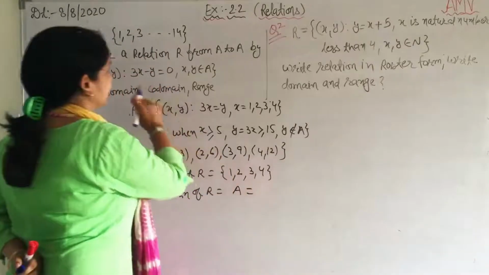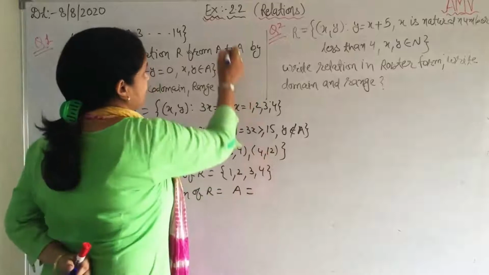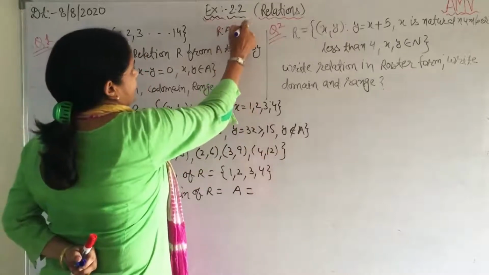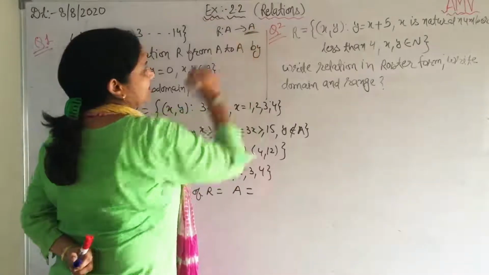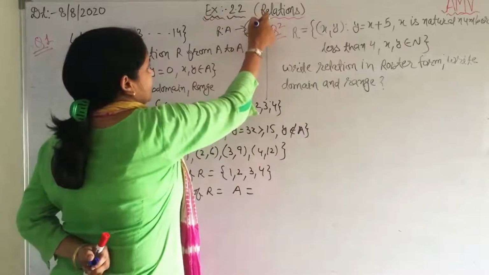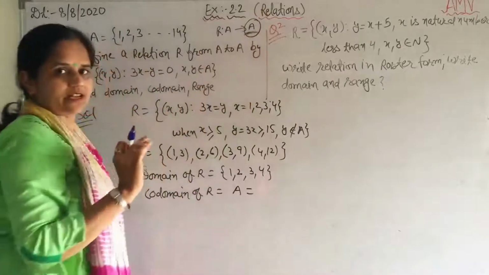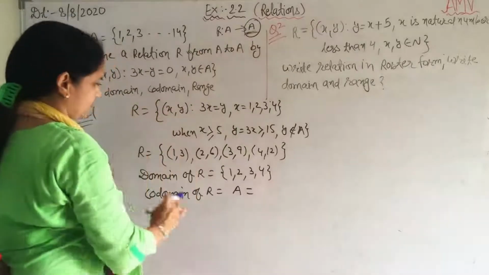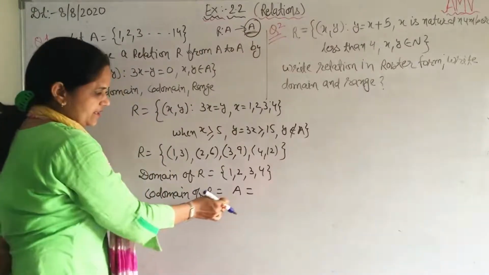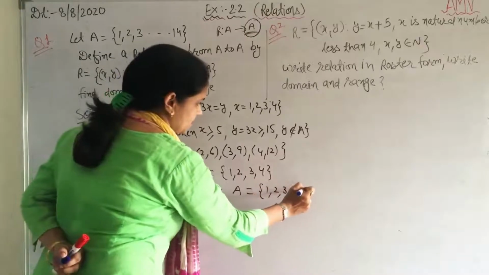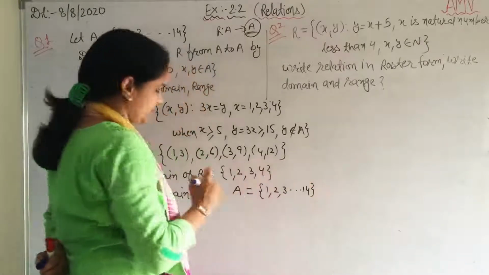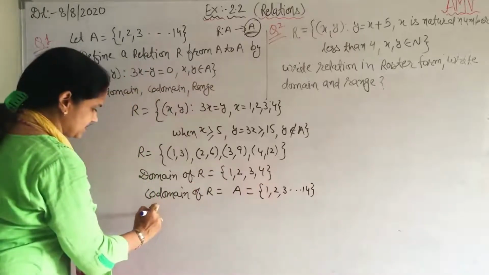Okay, when the relation is defined from A to A or A to B, then this set of all elements is known as the codomain. So here codomain of R is A, and in listing form you can write 1, 2, 3 up to 14.